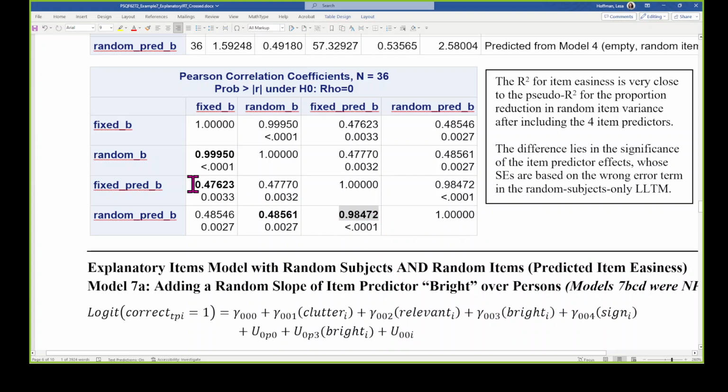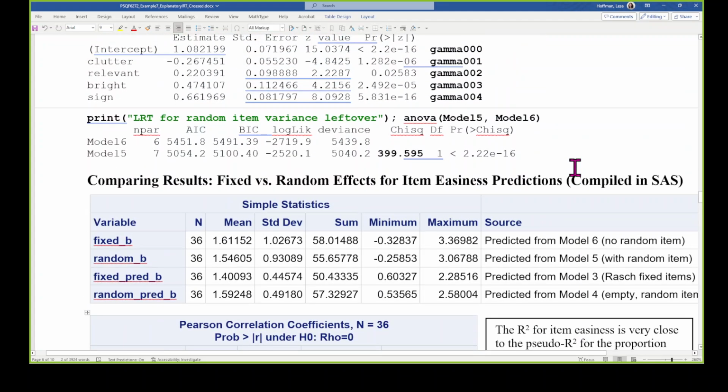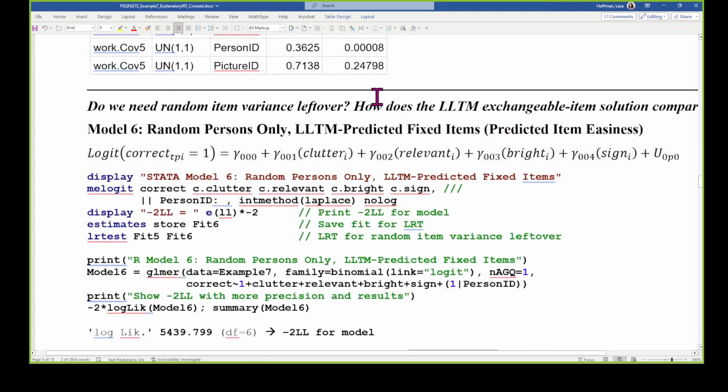But if I compare the predicted to the actual, either within a fixed effects framework or a random effects framework, I get a correlation of about 0.5, which would be an R-square of about 0.25. That is exactly what I got out of the model as the R-square.